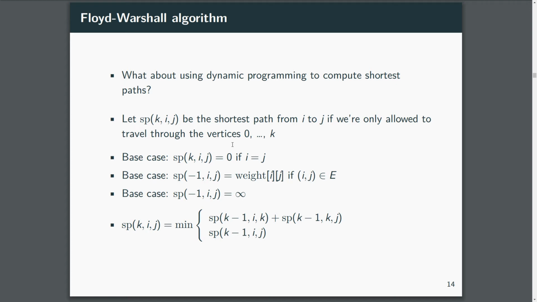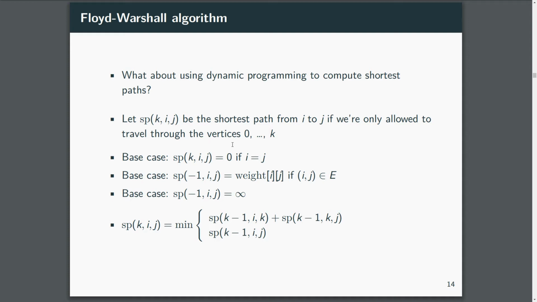Finally, we have the Floyd-Warshall algorithm. And this is a dynamic programming algorithm. So we let SP, that's for shortest path, of k, I, and j be the shortest path from I to j if we're only allowed to travel through the vertices 0 up to k.